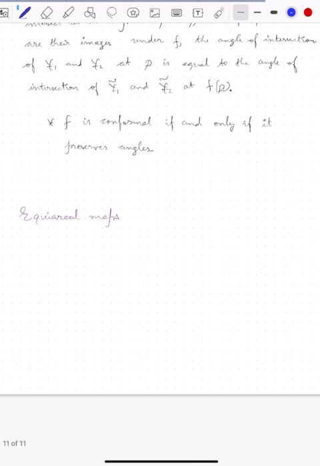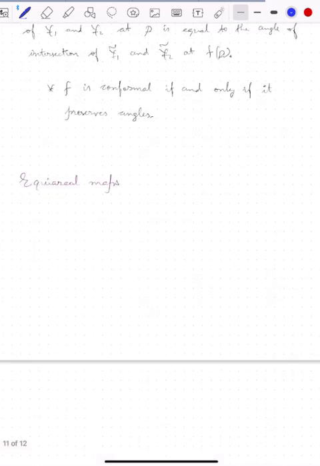Suppose that sigma vector is a patch from U to R cubed, mapping from a parametric space U to R3, a surface patch on surface S.